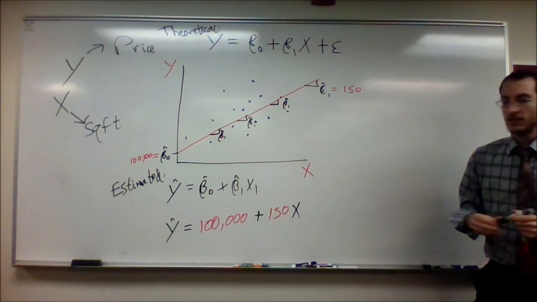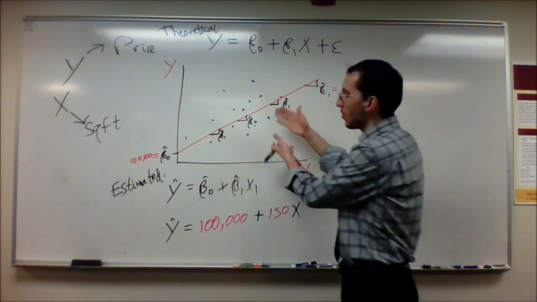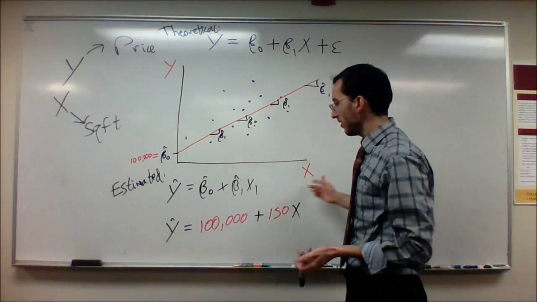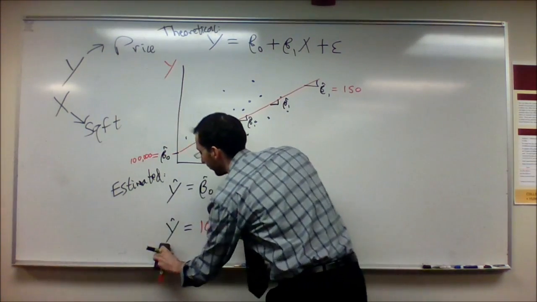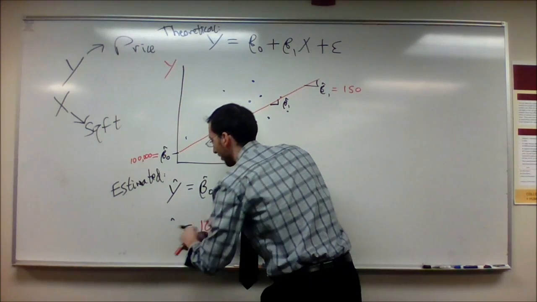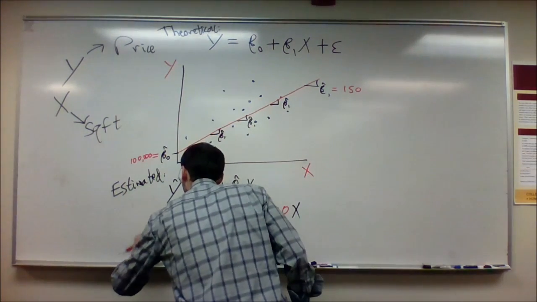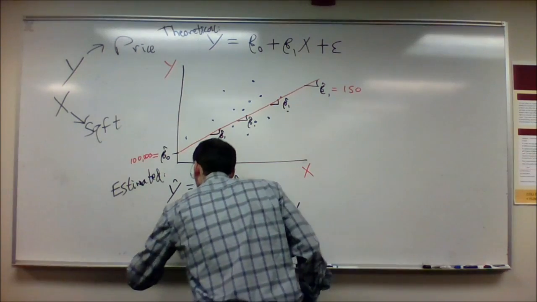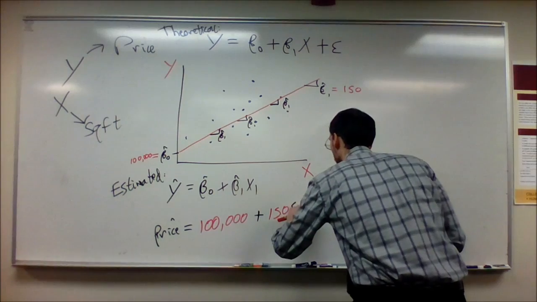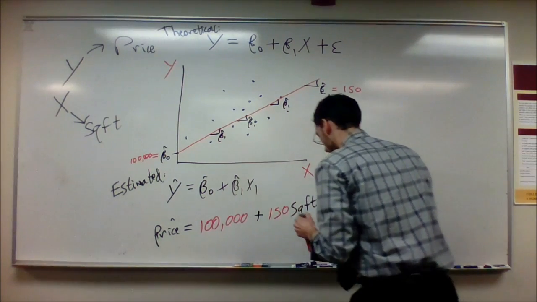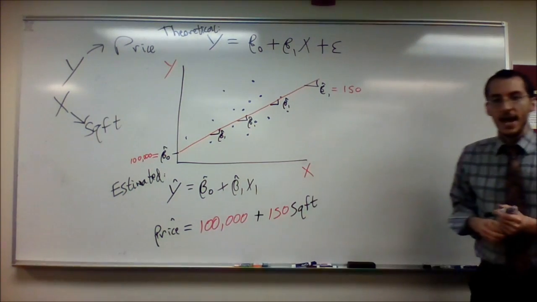But whenever we know exactly the variables we're working with, I want you to put in the actual name of the variables we are working with. So price and square feet. And that's it.